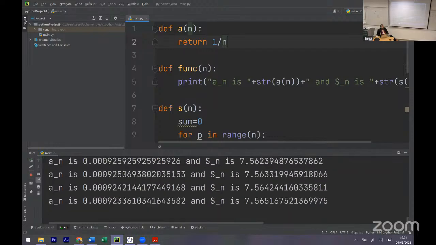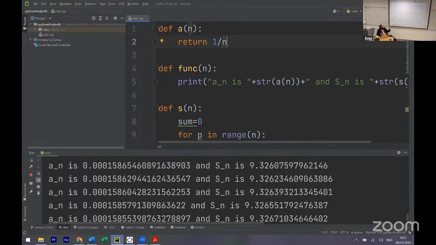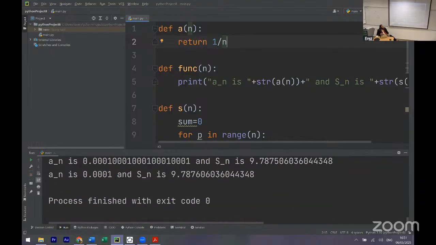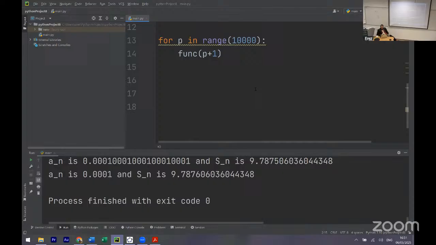It's always increasing, but the question is whether or not it's bounded. It's not that easy to tell, because you see it's increasing, but we went on for 10,000 terms and we still didn't pass 9.78. These numbers are quite low, so it's very confusing. It's not obvious at all whether it's bounded and converging or not.